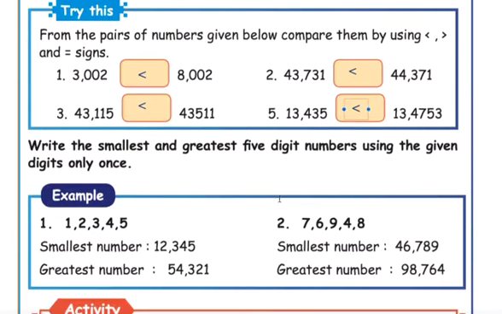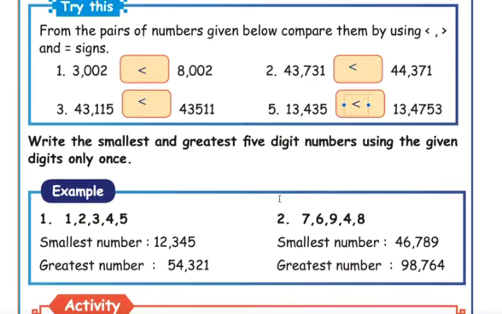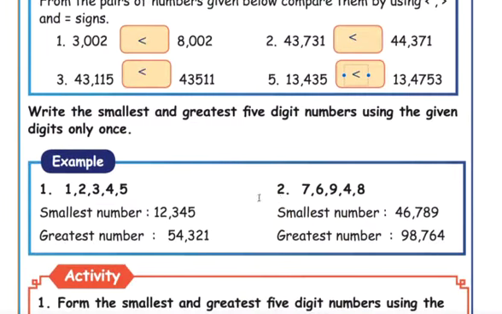Okay, write the smallest and greatest 5 digit numbers using the given digits only once. Okay, smallest number 12,345. To get smallest number, you need to start with the digit which is having least place value, that is 1 first.